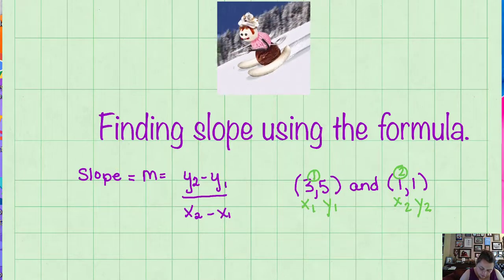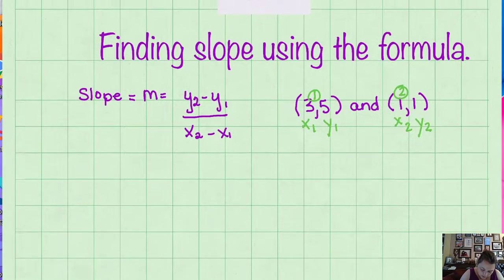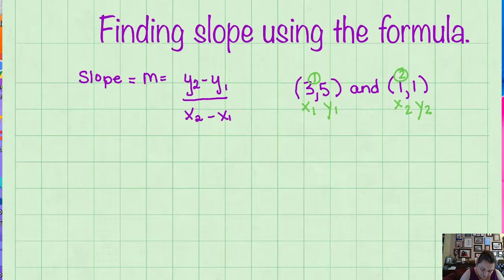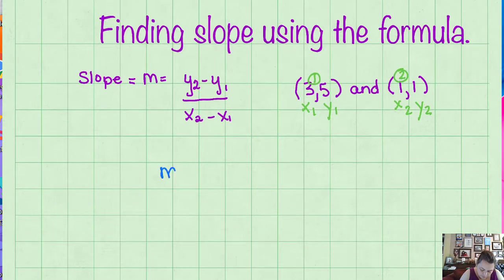So for the formula, slope is equal to y2, which is 1. Then you make sure you have a minus sign. y1, so find y1. y1 is 5.